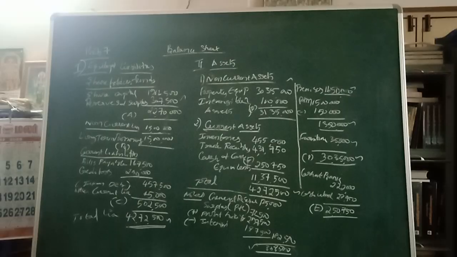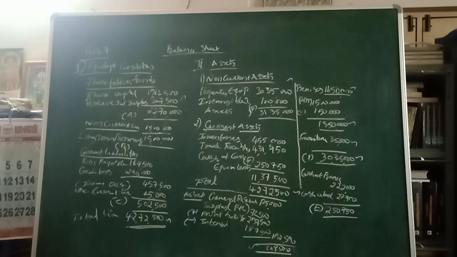Normally in reserves and surplus, point B is surplus, point A is reserve. Here also we are given the general reserve 1,25,000, then surplus, that amount of surplus 72,500 we are taking next to general reserve, 72,500.